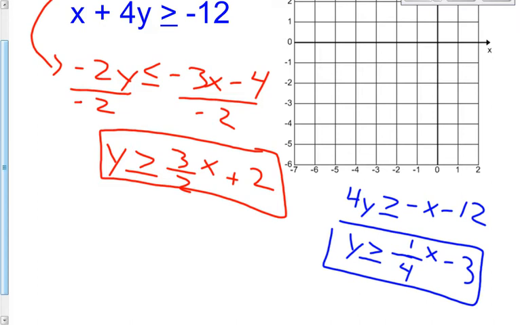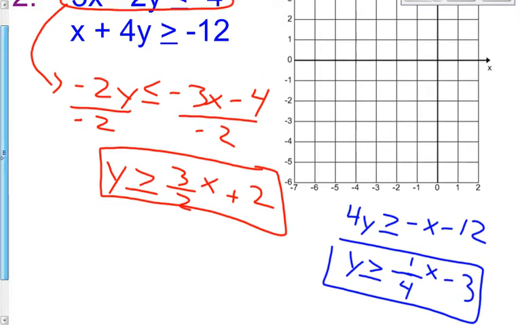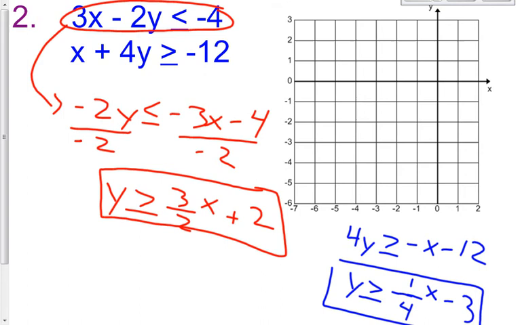Here's the red one. My y-intercept is a positive 2, and my slope is a rise of 3 and a run of 2. So if I go up 3 over 2, that's the same thing as going left 2 down 3.